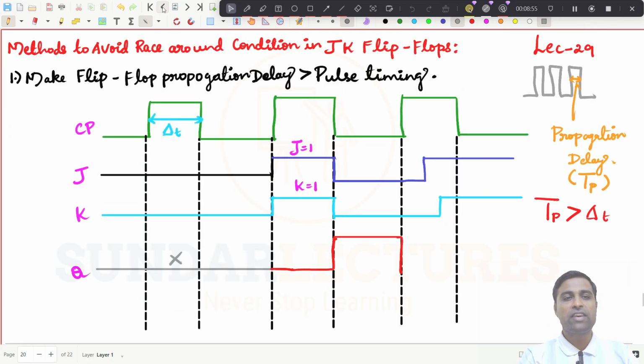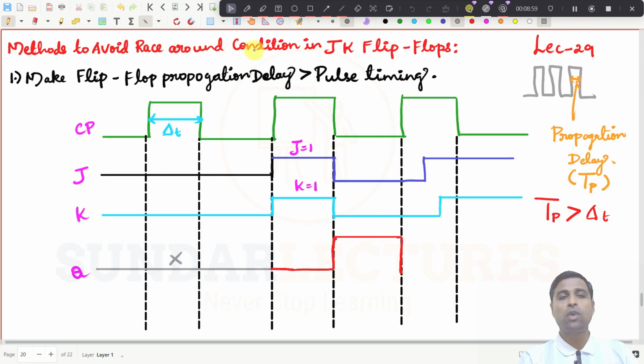So what are the topics we have seen in this class? We started with the methods to avoid the race around condition, and we saw how to avoid it by making the flip-flop propagation delay higher than the clock pulse timing.